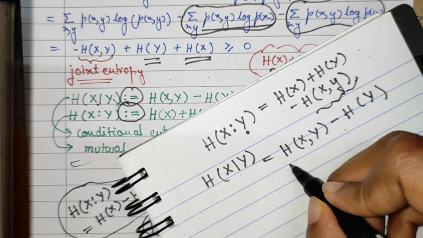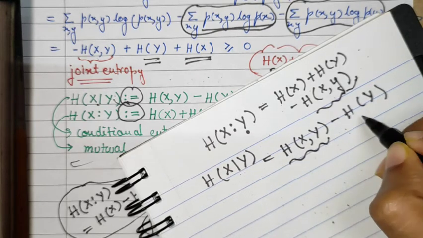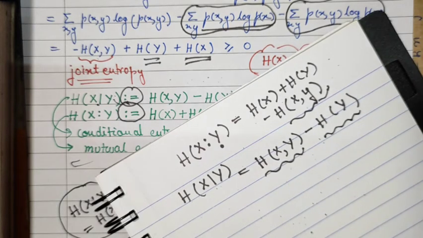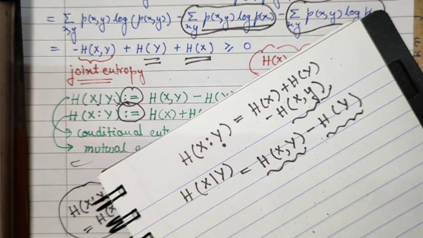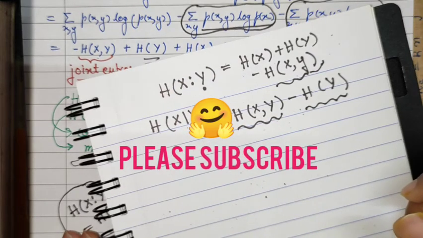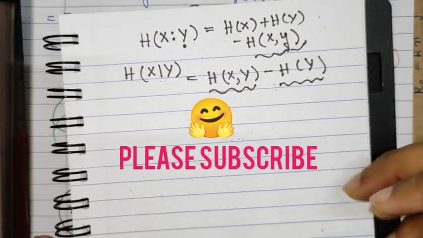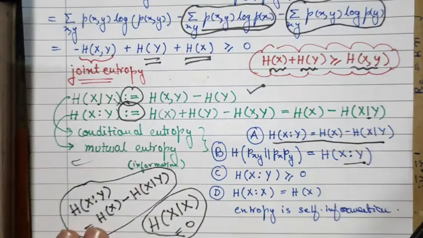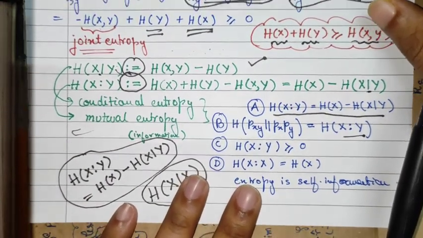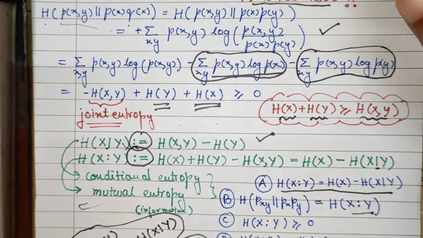For that you just take the joint distribution and you subtract the uncertainty associated with y. So that is the mutual entropy and this joint information. So with this we have discussed all the major entropic definitions.